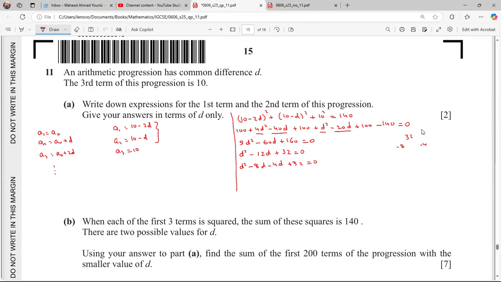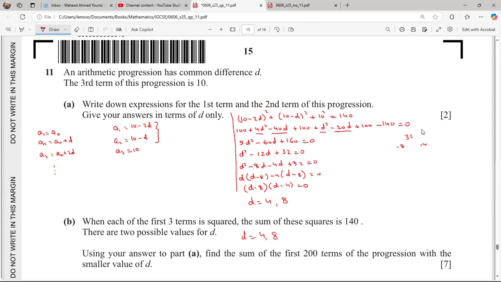From here I can take d common, and it is d minus 8. Here I have minus 4, so d minus 8. So I have d minus 8 and d minus 4. So my answers are d equal to 4 or 8. These are the two answers I get.